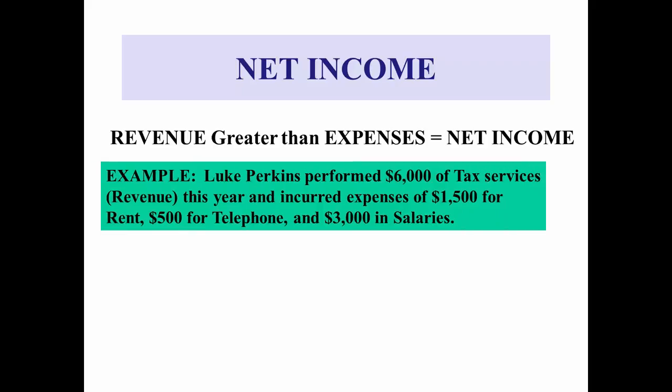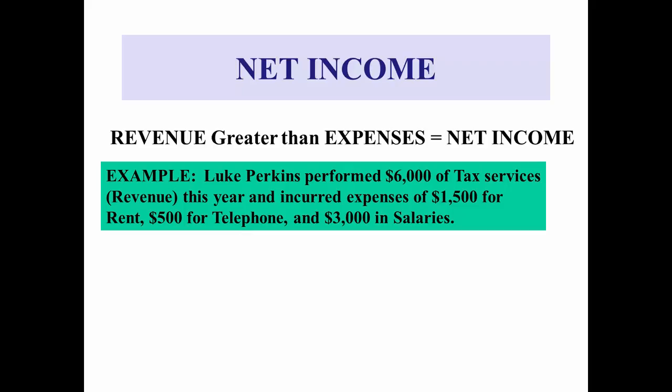So here's an example. Luke Perkins performed $6,000 of tax services this year. Okay, so he fills out tax returns for people, and he performed $6,000 of those services. And when he performs those services, he sells those services, that's revenue.